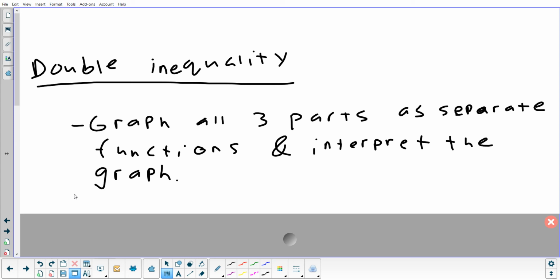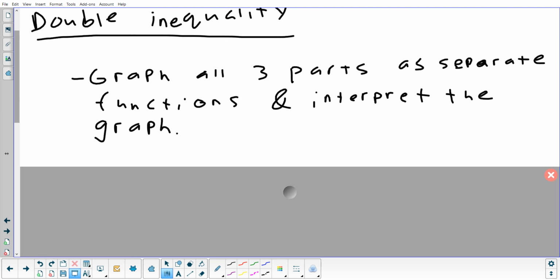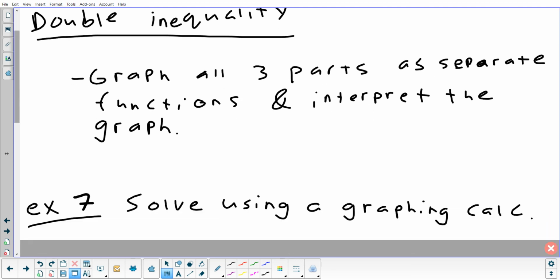It's basically where you put something in y1, something in y2, and something in y3. And you're looking for where a graph is not only above something, but also below something else. Basically where it's sandwiched between two things. So double inequality is where you're looking for where a graph is sandwiched between two other graphs.